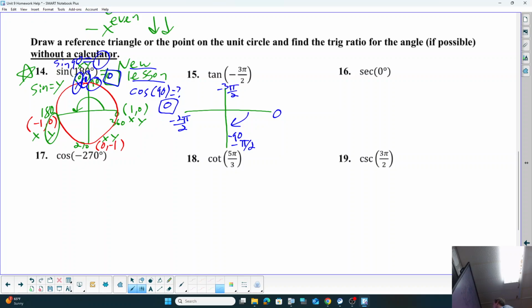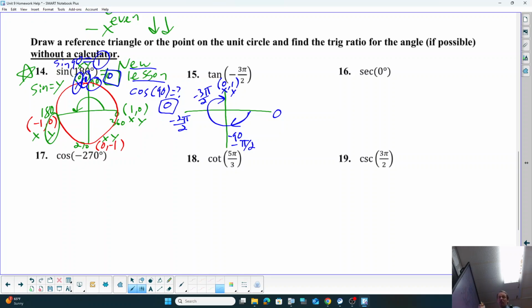So we're going all the way around to there. And so our coordinate up there, again, is 0, 1. And that is x, y.